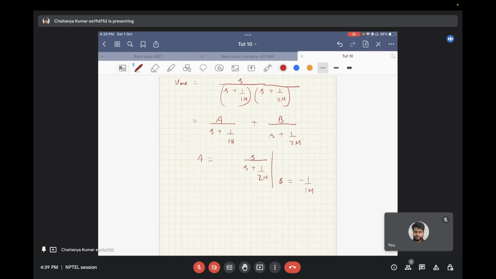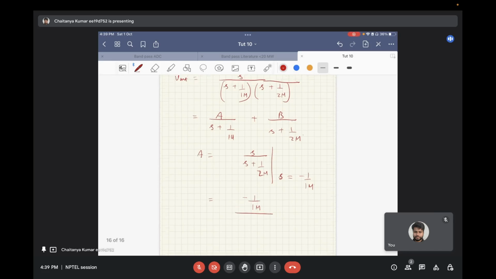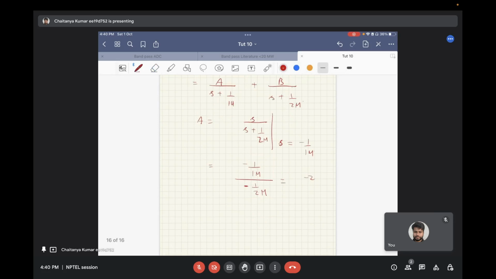So if you put that in this equation, you get the value of A as minus 1 by 1 micro divided by minus 1 by 2 micro. So this comes out to be 2.